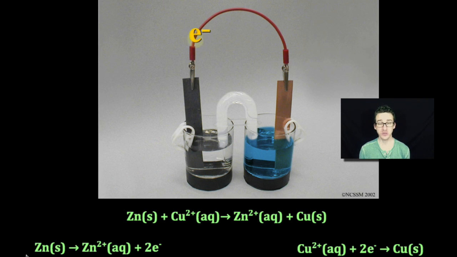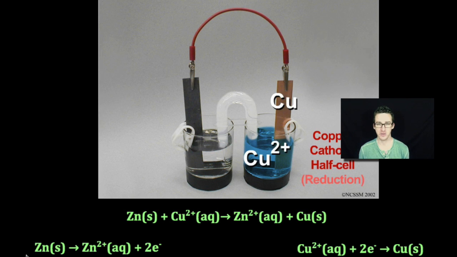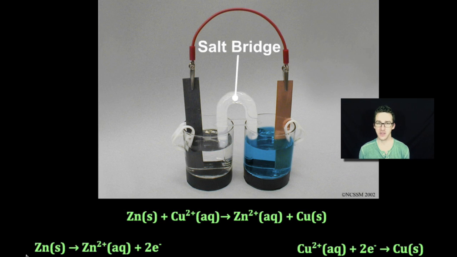It will still lose its electrons, but now they're gonna flow through an external wire, and we can then use that flow of electrons to measure volts, amps, or to power things like a light bulb. On the other hand, we have our copper cathode half cell where reduction takes place. Again though, it's the separation of these two half cells that allows us to harness that flow of electrons.